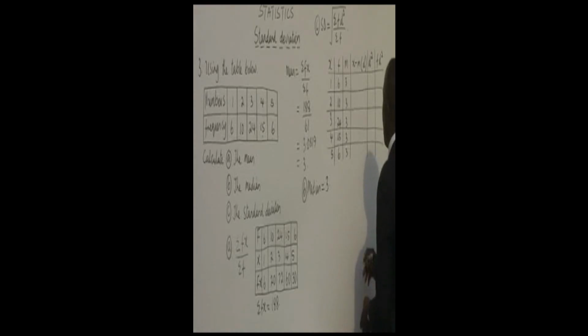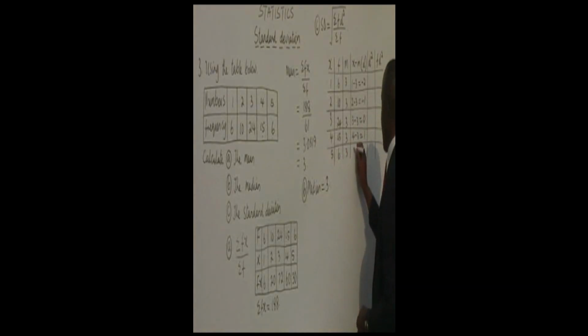Okay, now our x minus m, which will give us the d, is 1 minus 3, which will give us minus 2. In this case, it is 2 minus 3, which will give us minus 1. In this case, it is 3 minus 3, which will give us 0. In this case, 4 minus 3, which will give us 1.